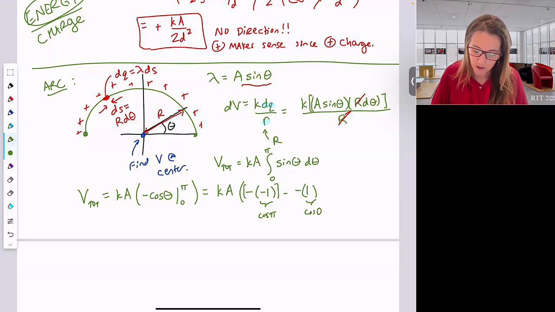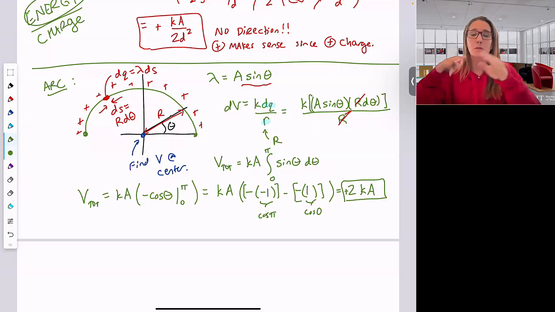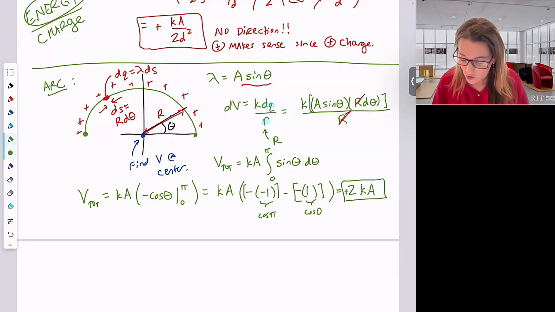So that's the first term minus the second term, and we actually see that we end up with 2Ka. And again, it's positive, and the positive makes sense because this was a positive charge distribution. I'm expecting a positive potential there. So then that gives me my result for the potential at the center.